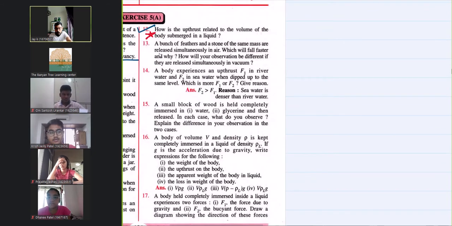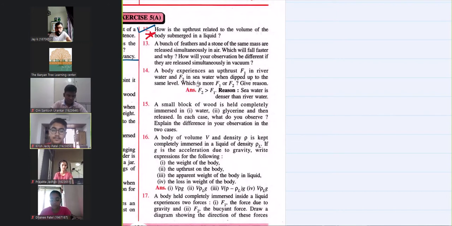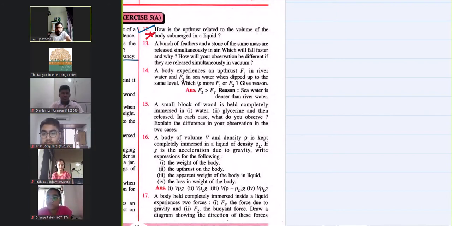Do not use proportionality over here, or you can use, although there is no issue, but it would not be theoretically correct. You can say it means the same mathematically, but I would say you write in words: more the volume of a body submerged in a fluid, greater the upthrust experienced by the body.